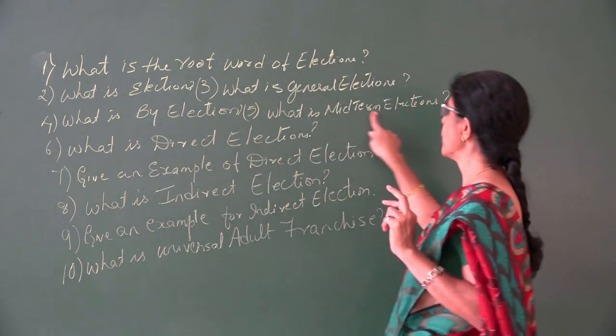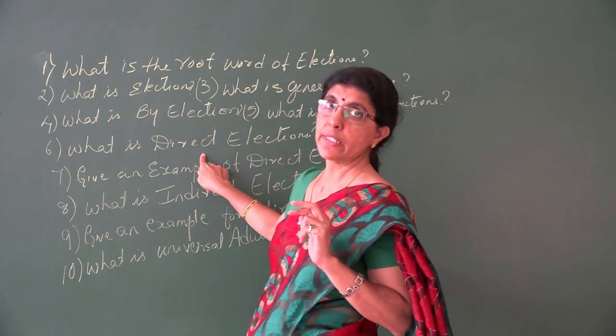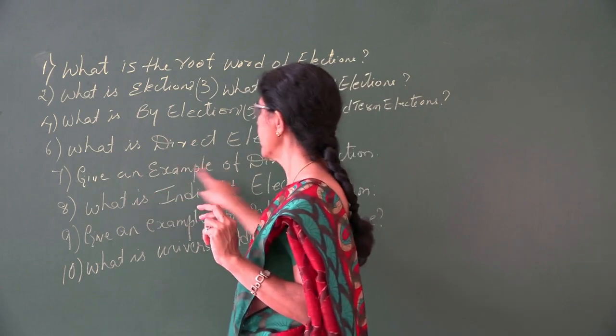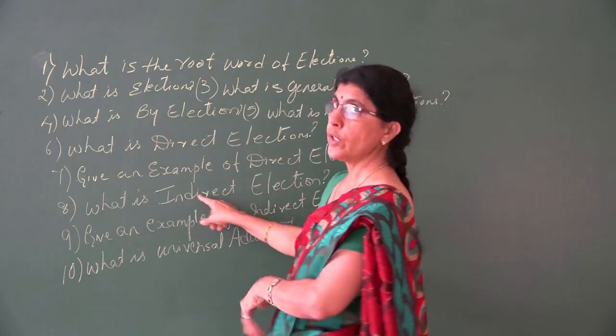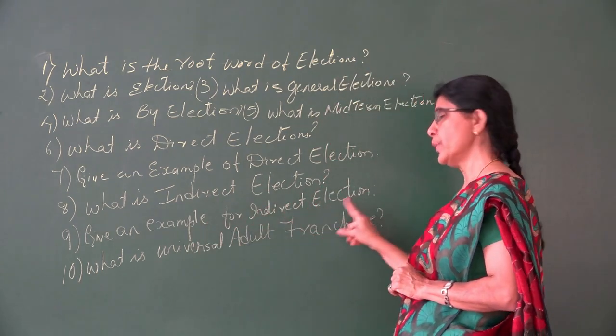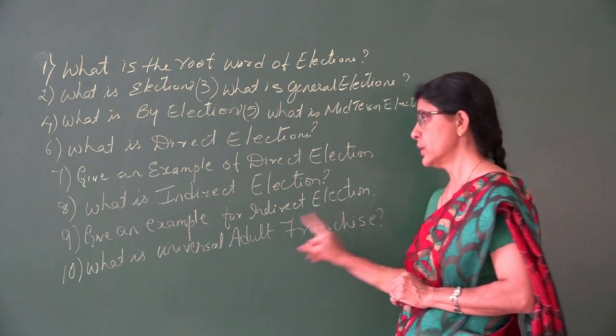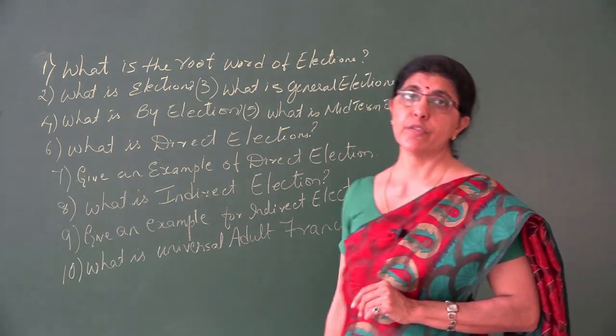Fifth, what is midterm elections? Sixth, what is direct elections? Seventh, give an example of direct elections. Eighth, what is indirect elections? Ninth, give an example for indirect election. And the 10th question is, what is universal adult franchise?